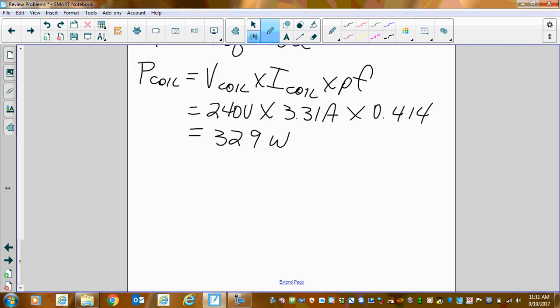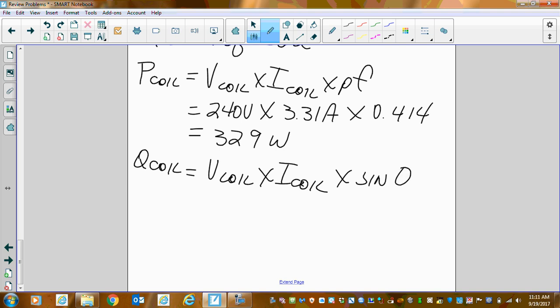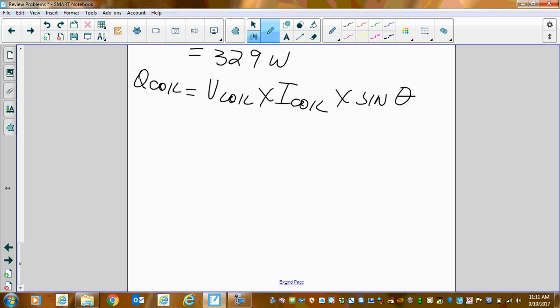Okay. Now, we want to know Q coil. We can use the cousin of that formula. So same thing. We can use V coil times I coil times what? Sine theta. Good. And if you punch that in correctly, well, first let's go through that. So 240 volts times, in this case, 3.31 amps.